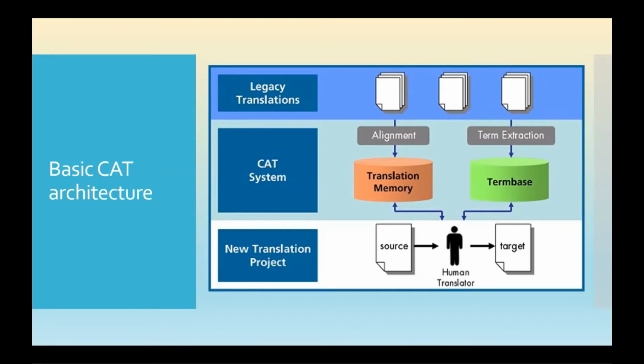And the alignment tool then can link those together, align the sentences, link the source sentence, target sentence, one at a time through the document, and store it in a translation memory. That's the disk in there.